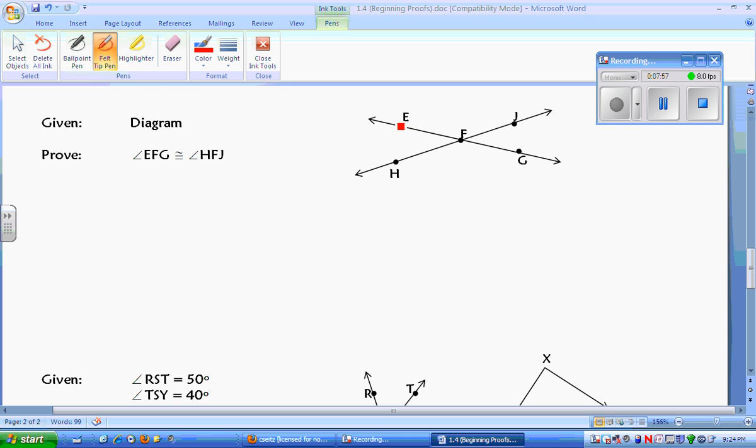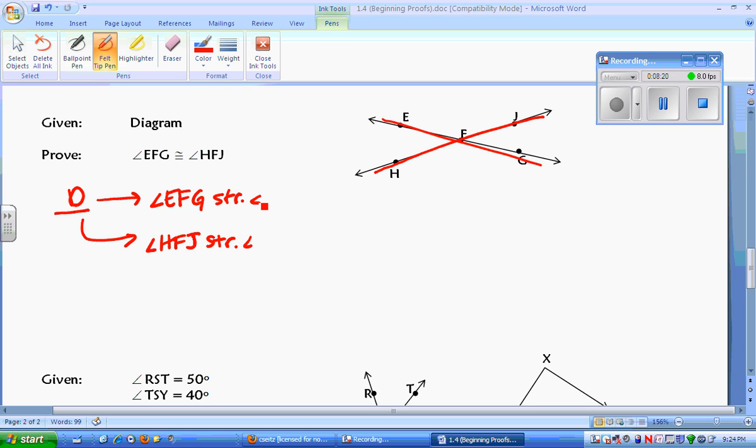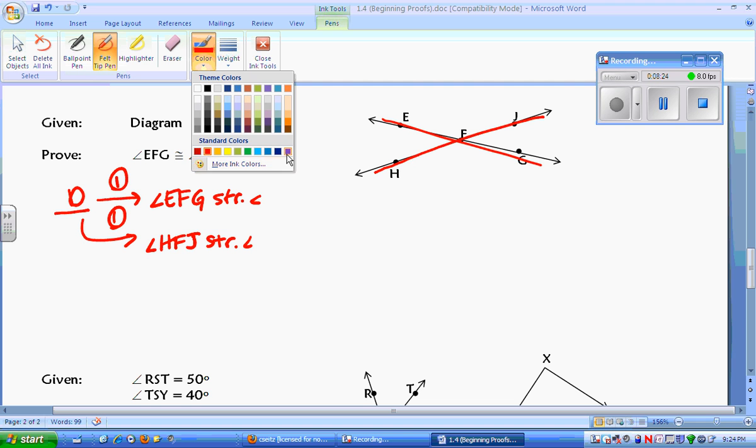All right, we have EFG congruent to HFJ. Okay, so I'm going to put D for diagram, and I can assume a couple things from the diagram. So I can assume that angle EFG is straight, and HFJ is straight. Okay, and I can go ahead and say why.